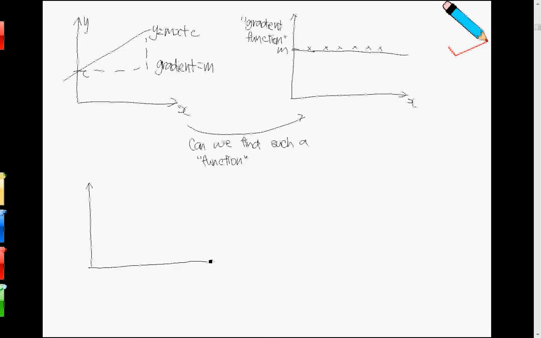If we can find it, then we ask ourselves: I have a curve, so we are not only limited to lines, can we also find such a gradient function for the curve? The curve should look like this.